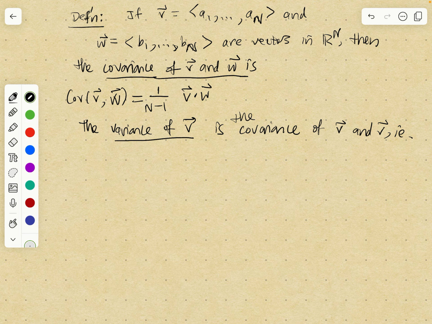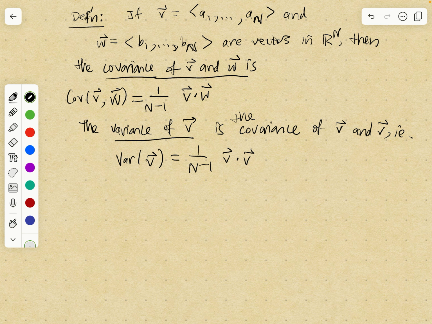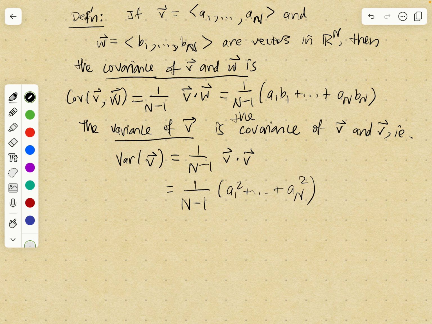The variance of V is the covariance of V with V. In other words, the variance of V is 1 over n minus 1 times the dot product of V and V. If you want to write it in terms of the components, this is going to be 1 over n minus 1 times A1 squared plus dot dot dot plus AN squared.